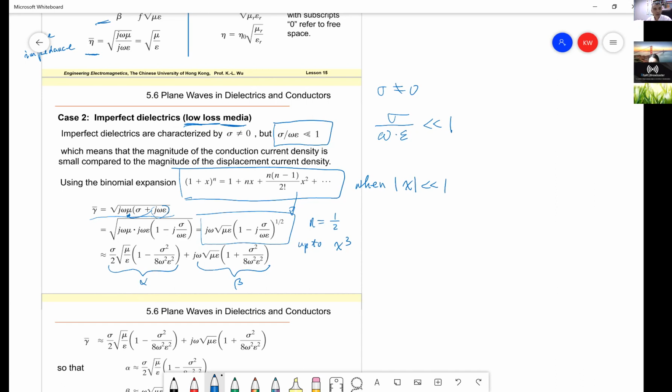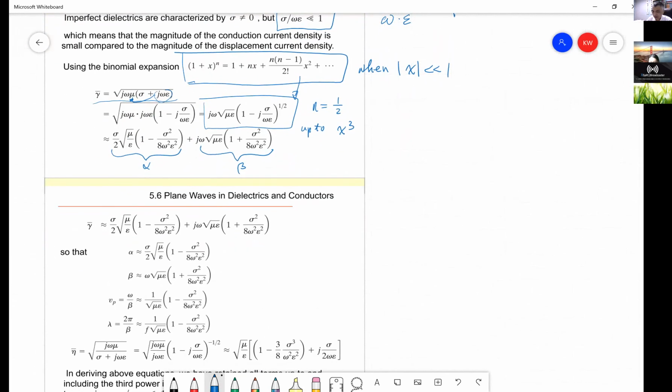You may notice in this class we use mathematics pretty heavily, but not very advanced mathematical theory. We use calculus a lot, and this is a very good practice to train our methodology to solve problems. So we have alpha, we have beta.